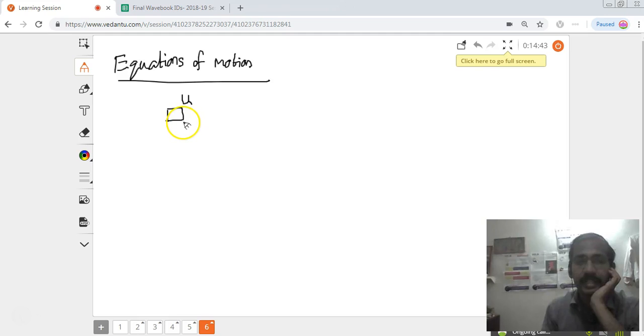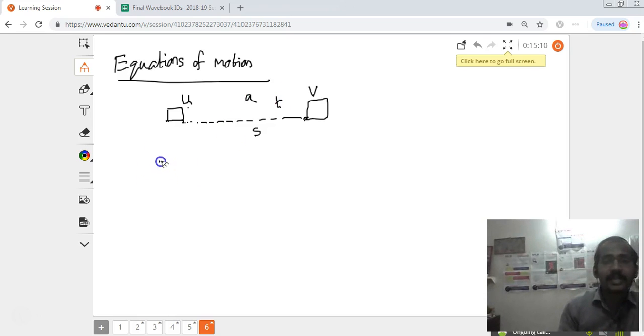It is called the initial velocity. Now, it is running on the road. At a certain time there is a velocity, the final velocity v. Then it will stop again. Now, between u and v there will be an acceleration. An object changed its place by a distance s in time t.